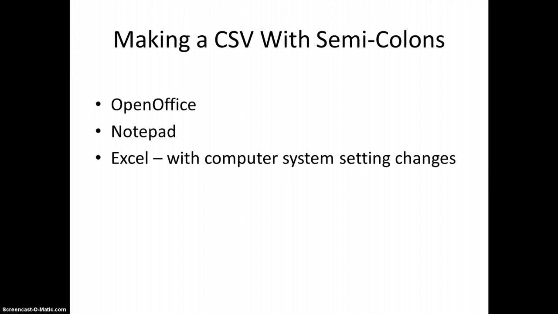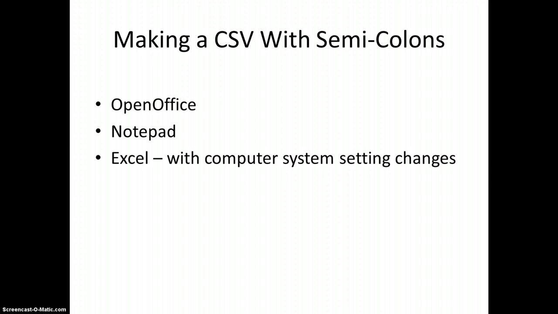The benefit to using OpenOffice for this particular project is that it does allow you to choose a semicolon separator. If you don't want to download OpenOffice, then you can create a CSV with Notepad or with Excel, but you have to change a setting on your computer system, not Excel itself.